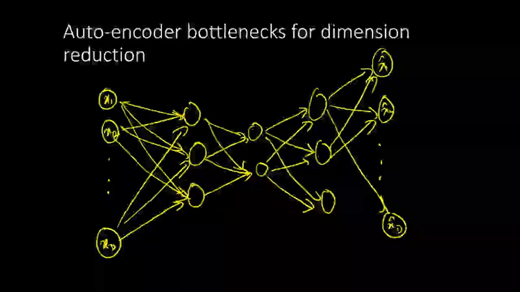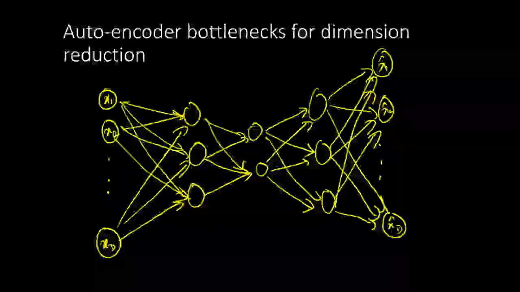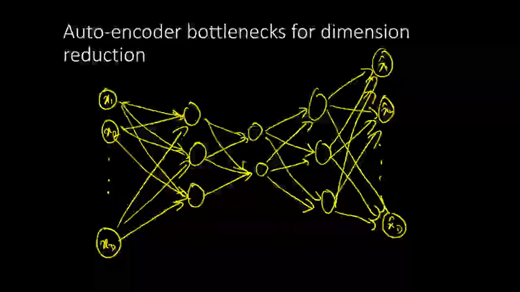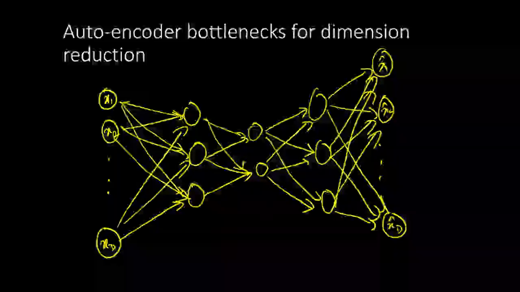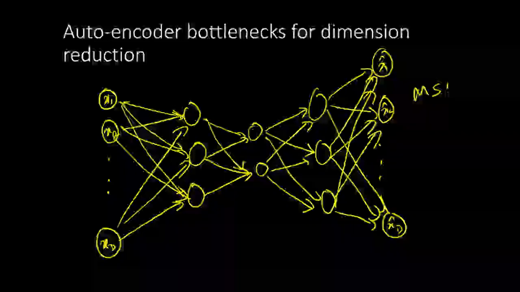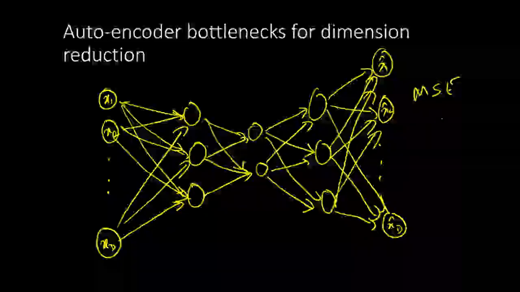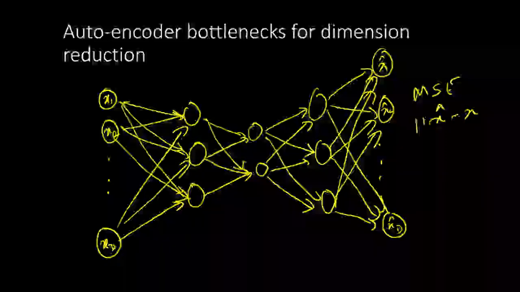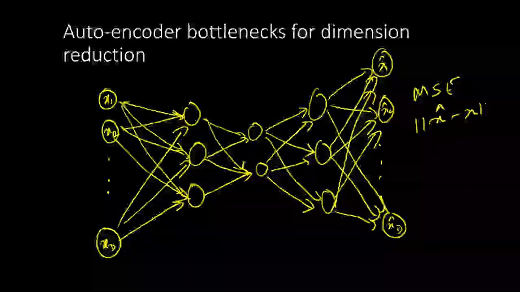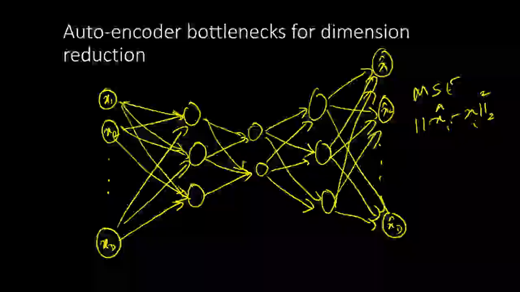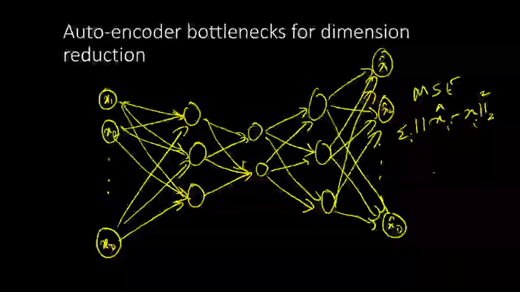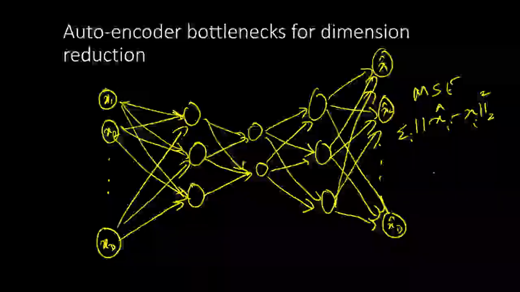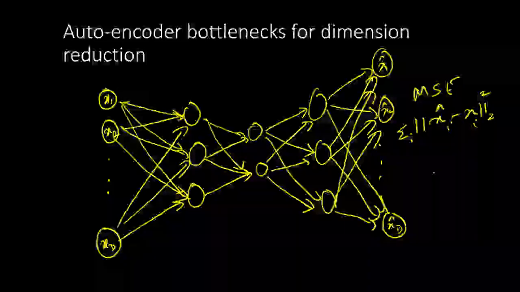So you can see where I'm going with this. Basically the objective of this neural network is that we want to reduce the MSE between x hat and x. Okay, this is our objective. This is what we want to reduce. But the structure of the neural network is such that it progressively reduces the dimension.